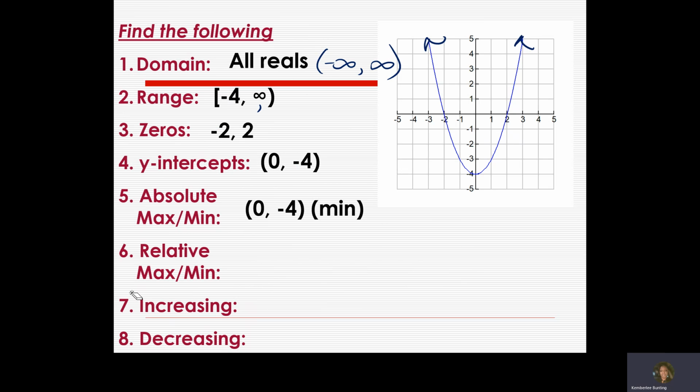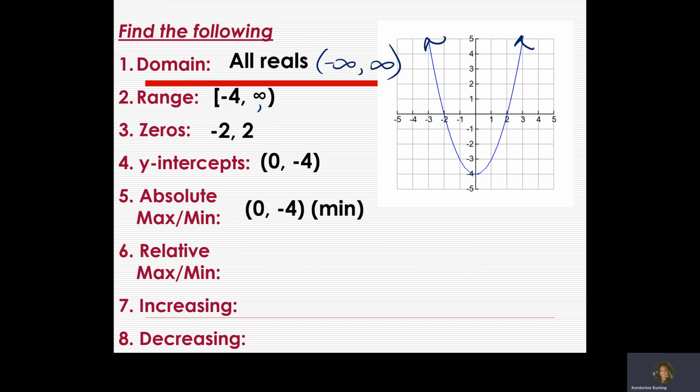Any questions or concerns? And if I have an absolute minimum value, I naturally would have a relative minimum value. But understand this, it doesn't work in the reverse, okay? If you have an absolute minimum value, you automatically have a relative minimum value.